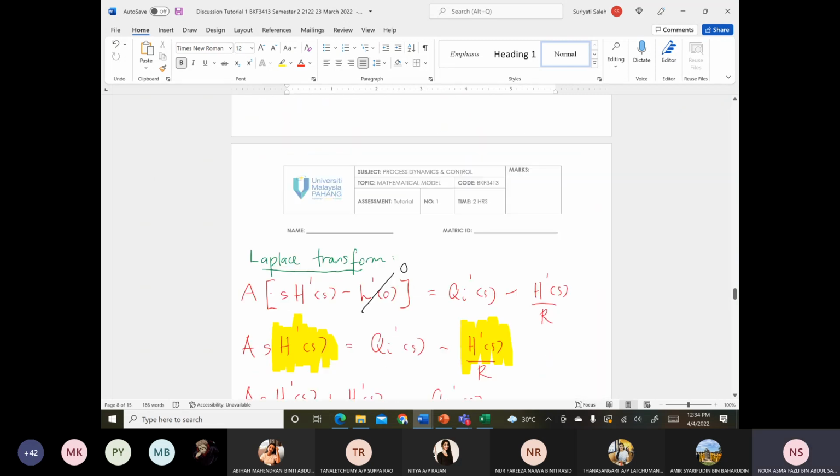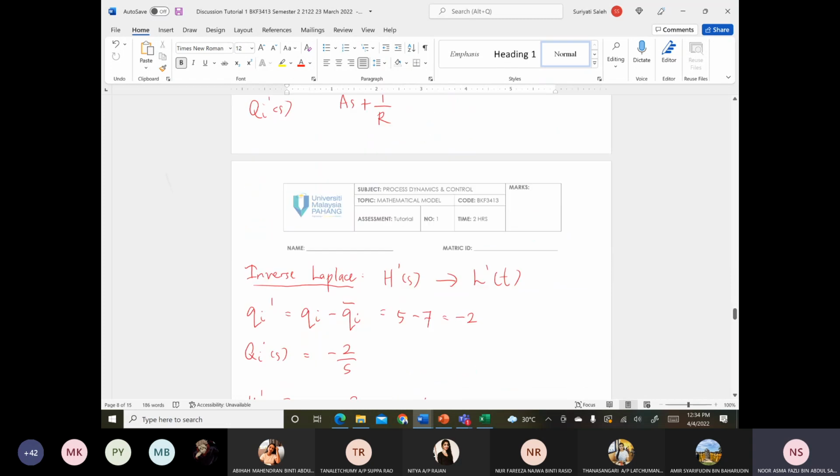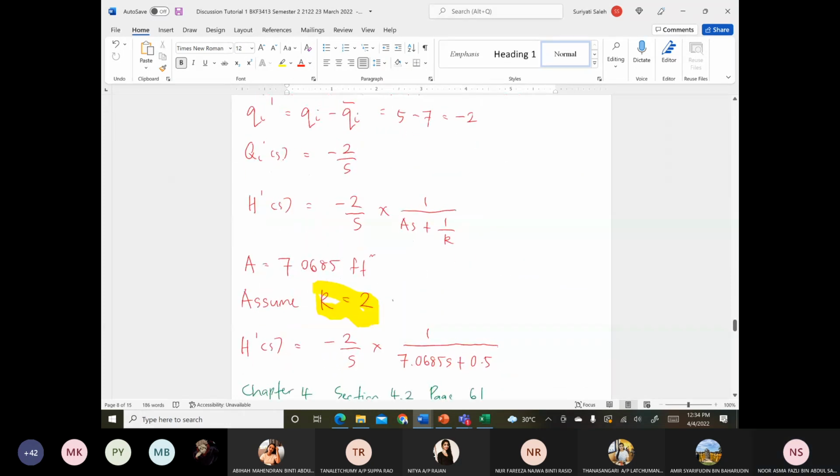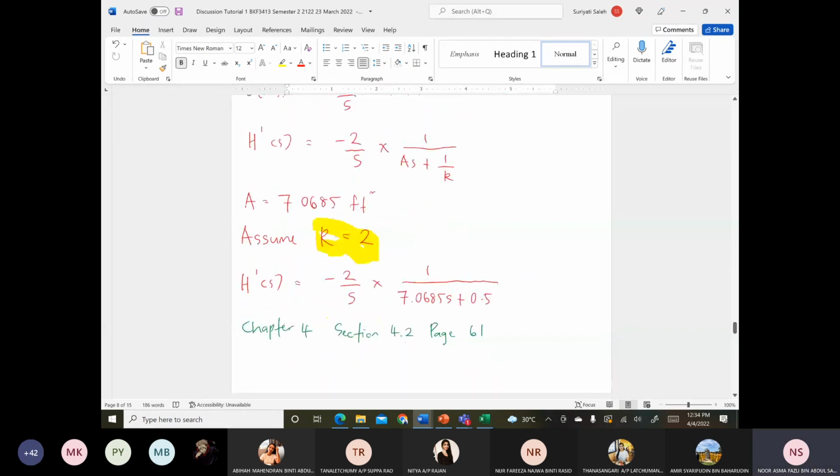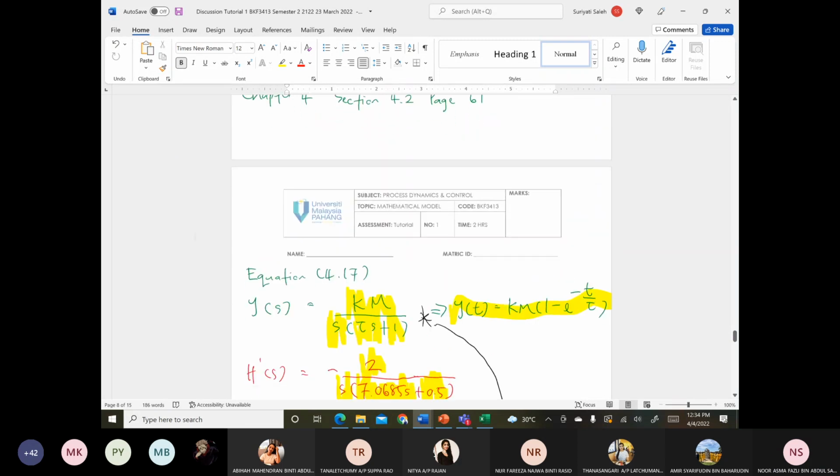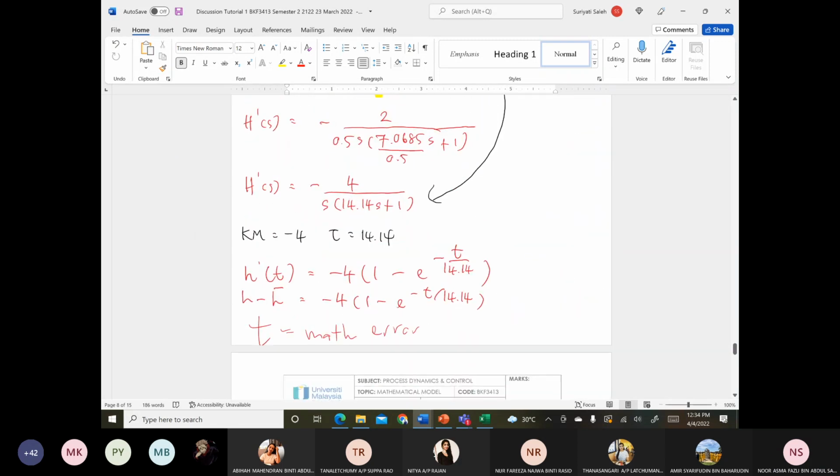This is where the magnitude comes from. According to this, we get tau equal to 14.14. And then based on this, h minus h bar equal to -4.